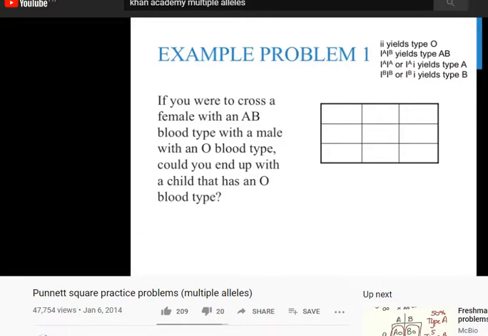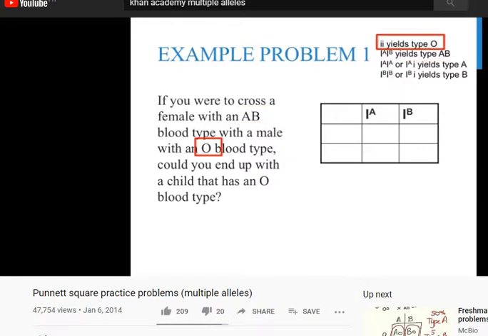The information from this key was just obtained from the chart on the previous slide. Just like all other Punnett square practice problems, first begin by setting up the outside of the Punnett square with apparent genotypes. The first part of this problem says that the female has an AB blood type. There is only one genotype that gives an AB blood type using our key, which is capital IA, capital IB. You would place this genotype at the top of the Punnett square.